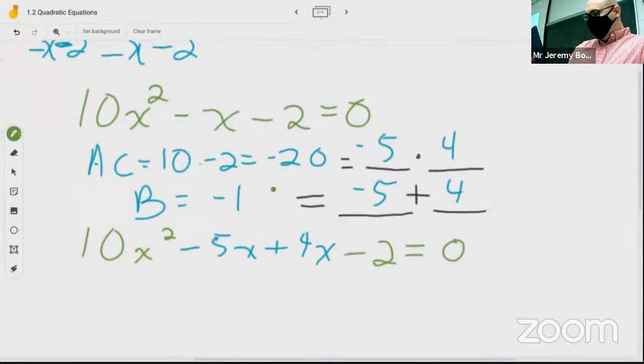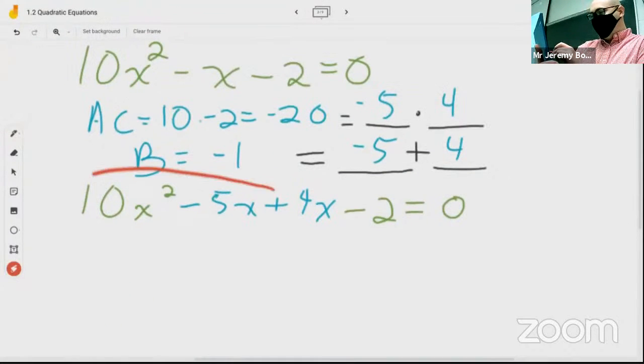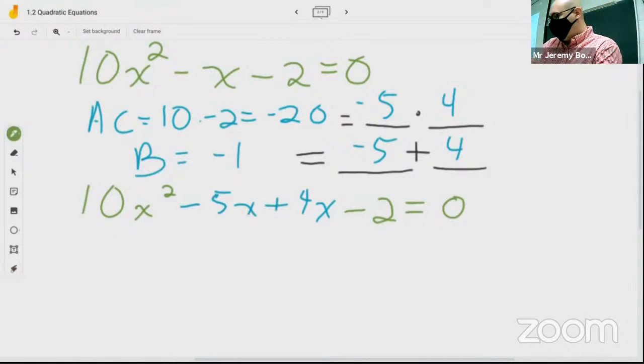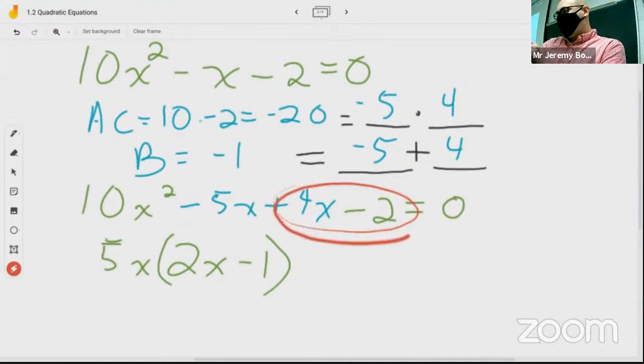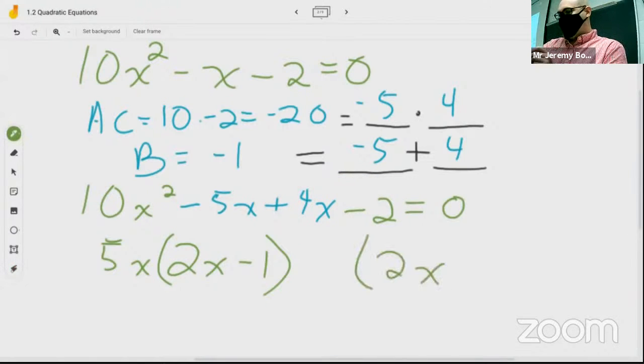All right. So now we're going to look at our first pair here, 10x squared minus 5x. What can we factor out of those? What do they have in common? 5x. Yep. And so what's going to be left over inside? That'll be 2x minus 1. Now, any questions on that? Now I want to factor something out of the 4x minus 2, the positive 4x minus 2, such that I get 2x minus 1.